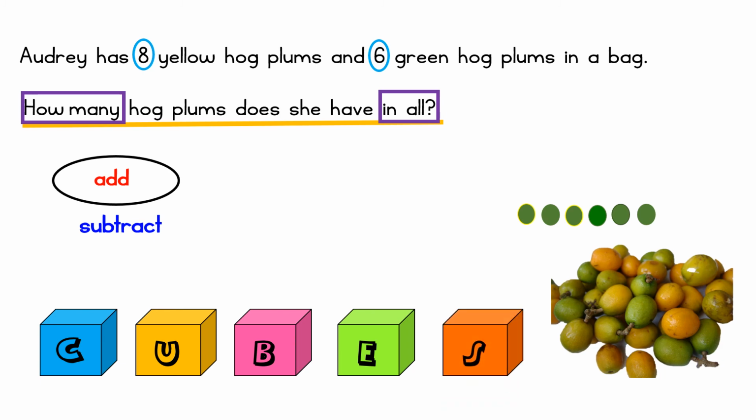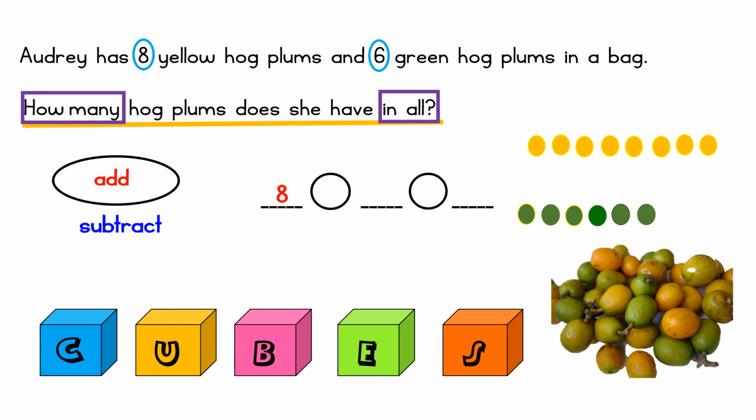We are now ready to solve our problem. We will begin by setting up our addition number sentence. 8 hog plums. So we will count the yellow hog plums first. 1, 2, 3, 4, 5, 6, 7, 8. Now, we will add the 6 to the 8. And we're counting on.